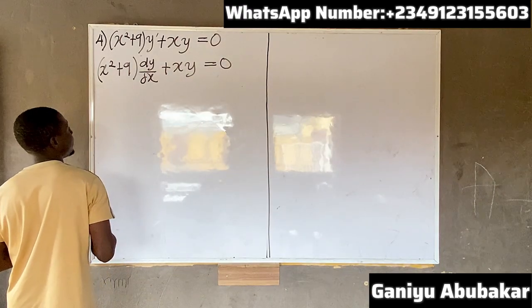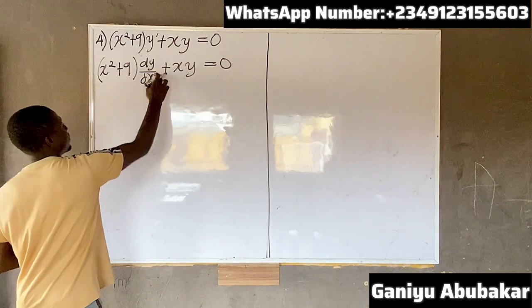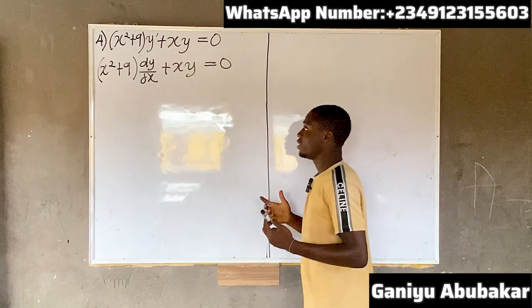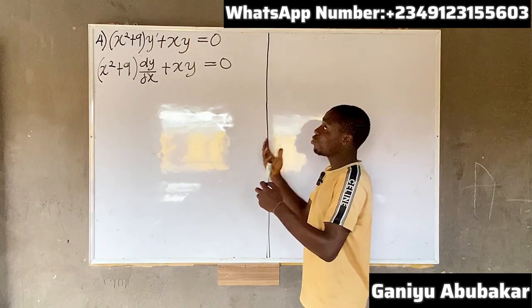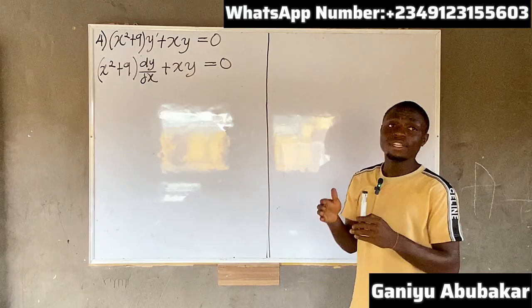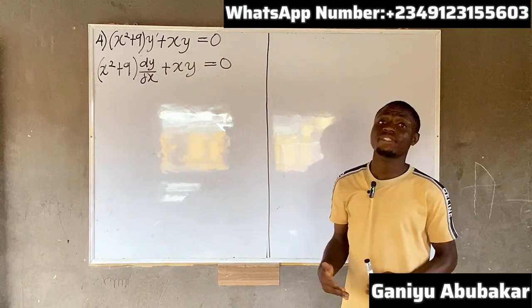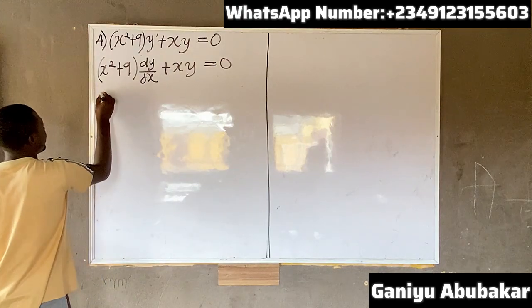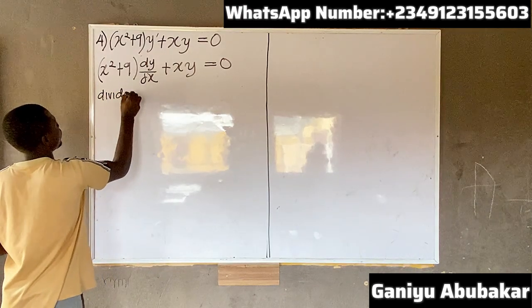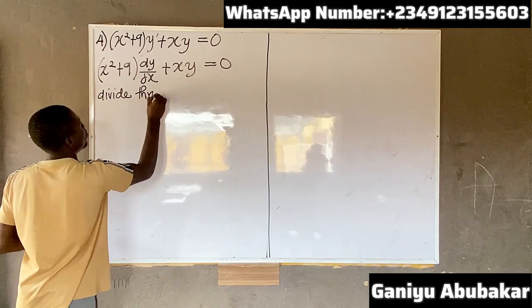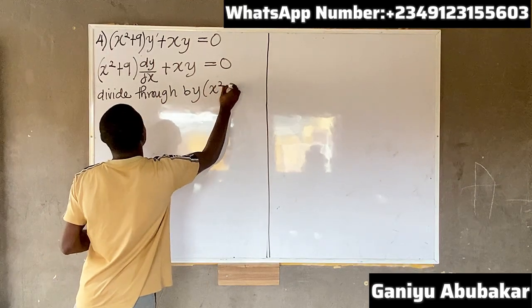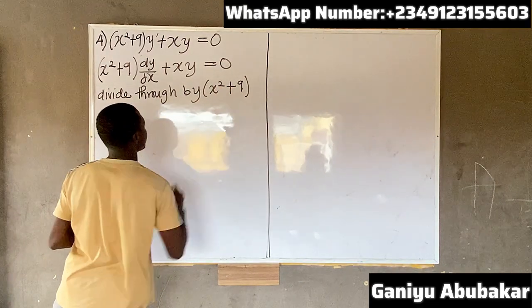We said our first task is to ensure that dy/dx is unity. Ensure that dy/dx is unity. How do we do that? Divide both sides through by the term attached to dy/dx, which is x squared plus 9.